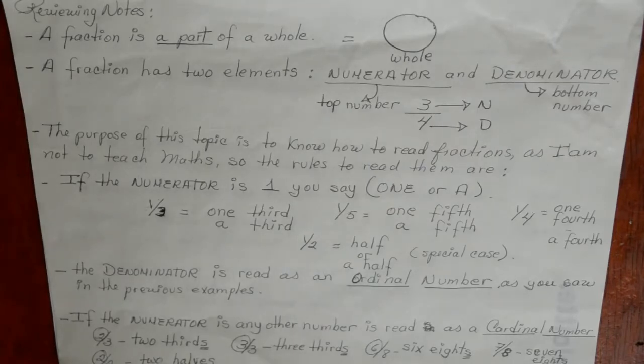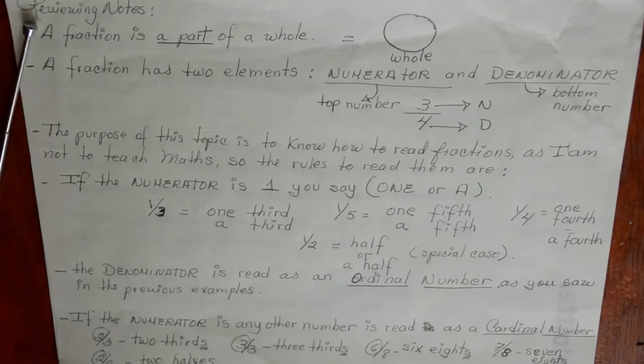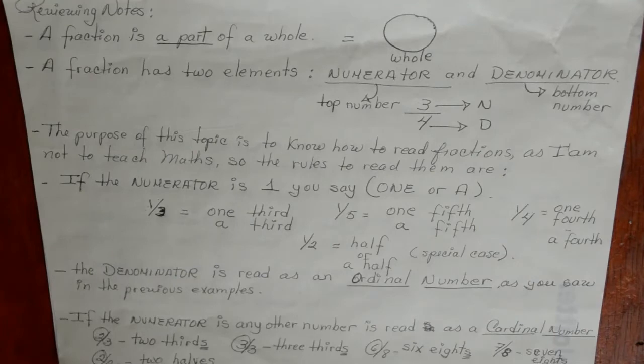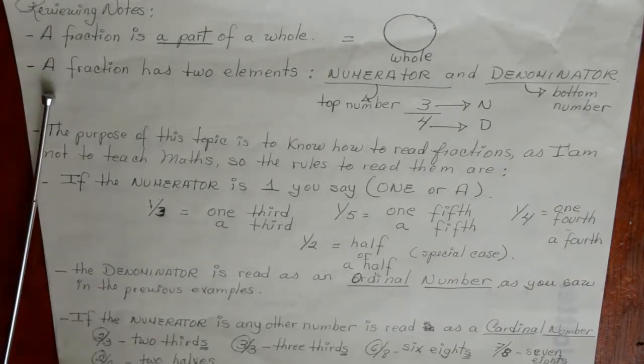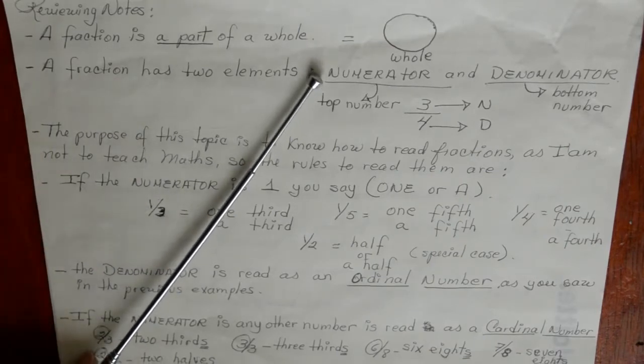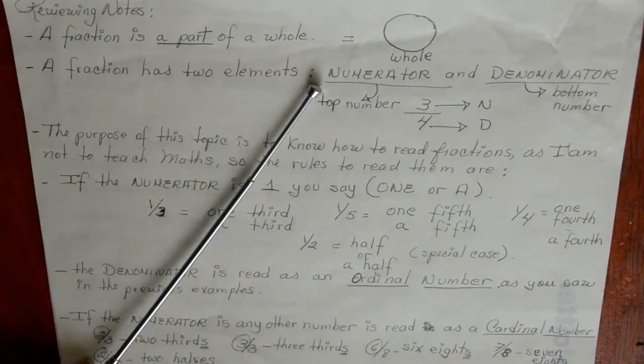First, you have to remember what a fraction is. A fraction is a part of a whole. It can be anything that is complete. A fraction has two basic elements, numerator and denominator. What is the numerator?